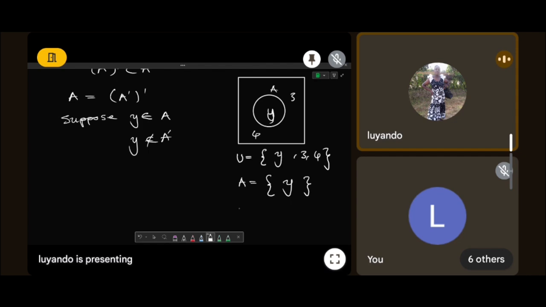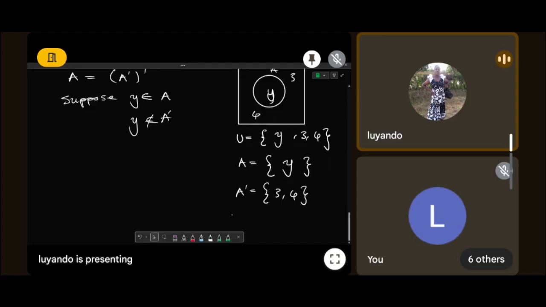If we were to take A complement of the universal set, we'll find that the only elements that we have are 3 and 4. Are we together? Okay, good.